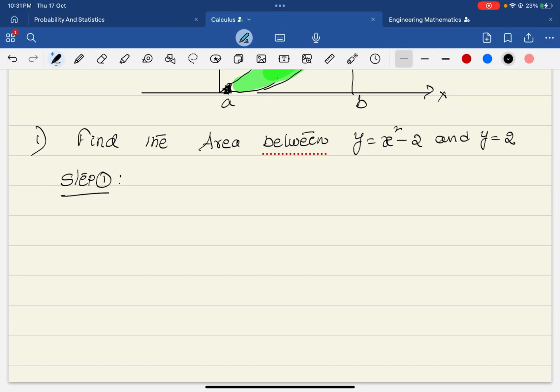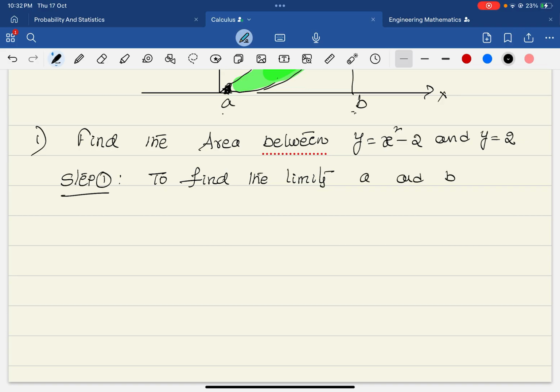These values of x are what we use to find the limits. So what we do is find the limits a and b. How to find those?